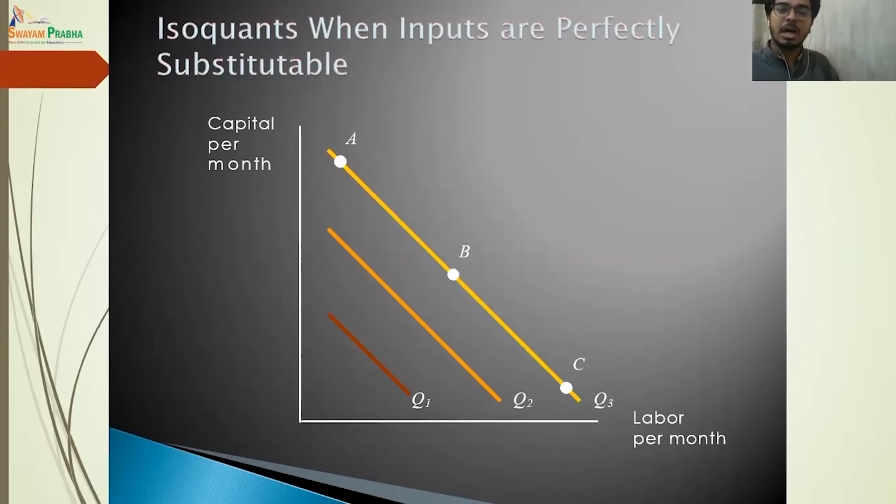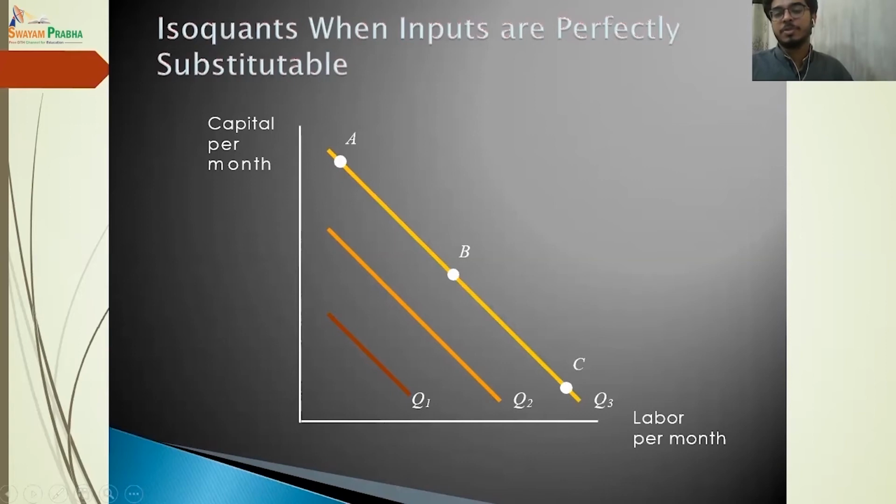Now, which are these isoquants? How do they look, these isoquants, when they are perfectly substitutable? So just take an example. They are straight lines, and at point A, I have a certain amount of capital and labor. At point B, I have a certain amount of capital and labor, and at point C, a certain amount of capital and labor.